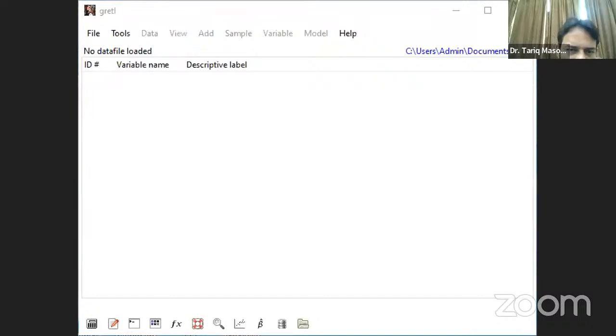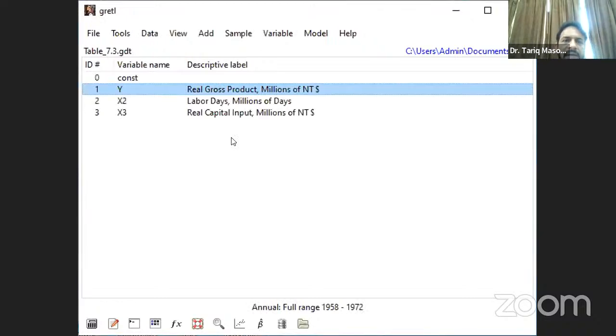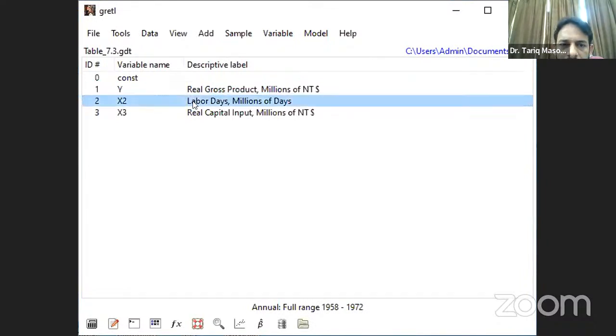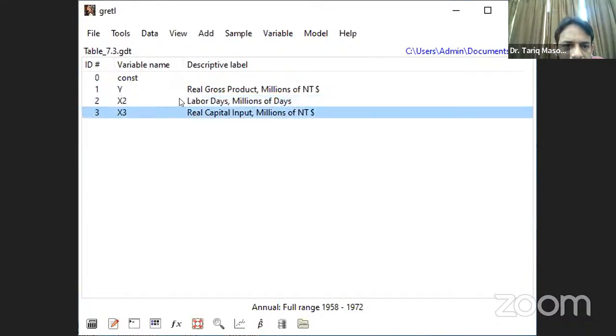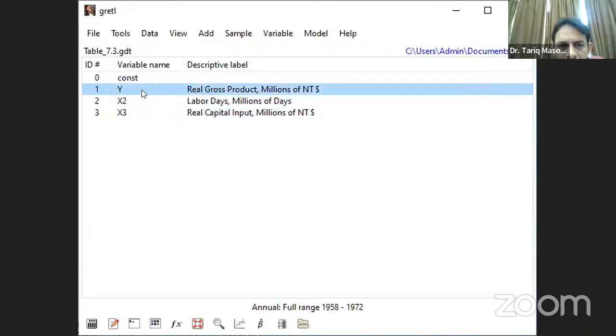Okay, this table 7.3 is output, capital, and labor of Taiwan during 1958 to 72. Select that. These variables are now in the software. Y is gross product, okay, overall product.